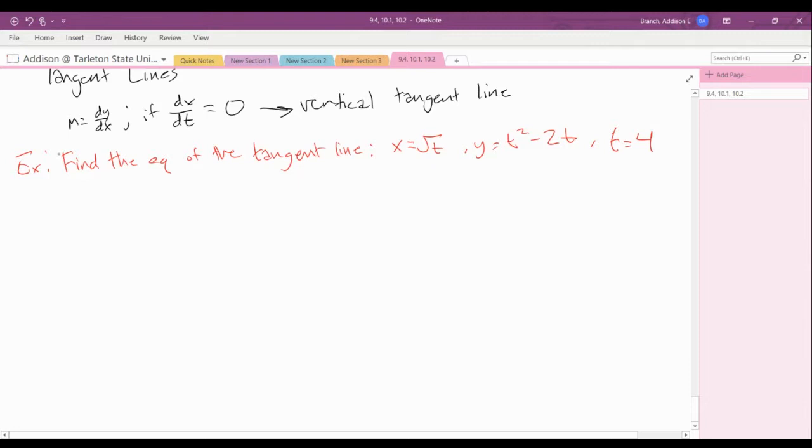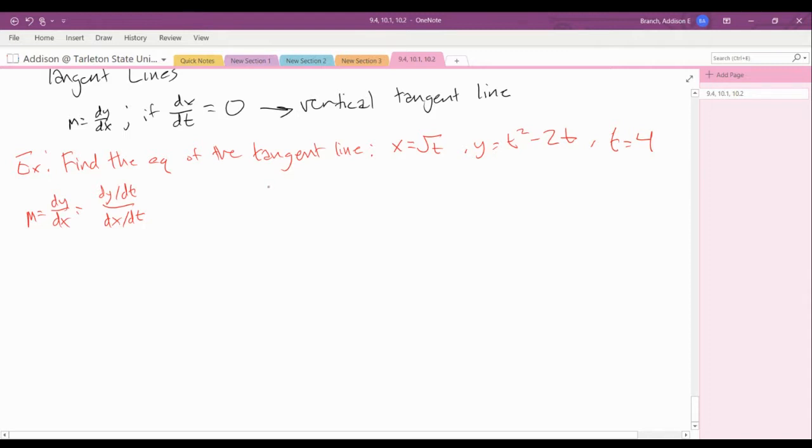Like we said earlier, m is equal to dy/dx, which is (dy/dt)/(dx/dt). Our first step is to take the derivative of y.